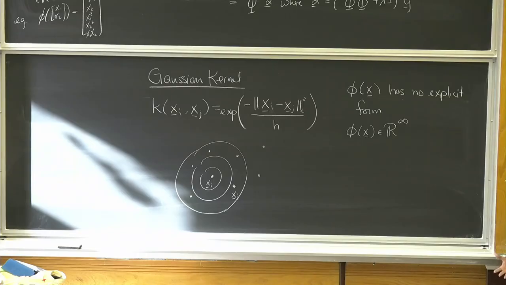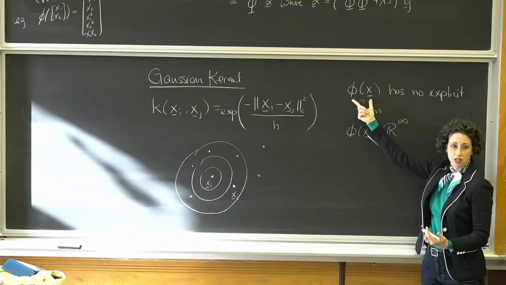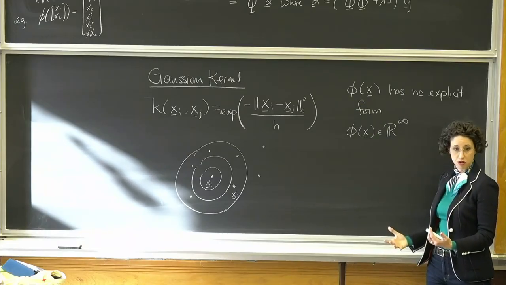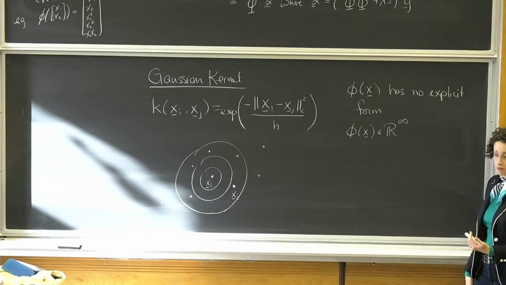But there's no way that we can actually write down what that looks like explicitly, the way we did with polynomials. So this is a setting where it's totally impossible to do ridge regression or prediction using this explicit phi mapping. We are forced to use the kernel in order to get any kind of prediction using the Gaussian kernel.